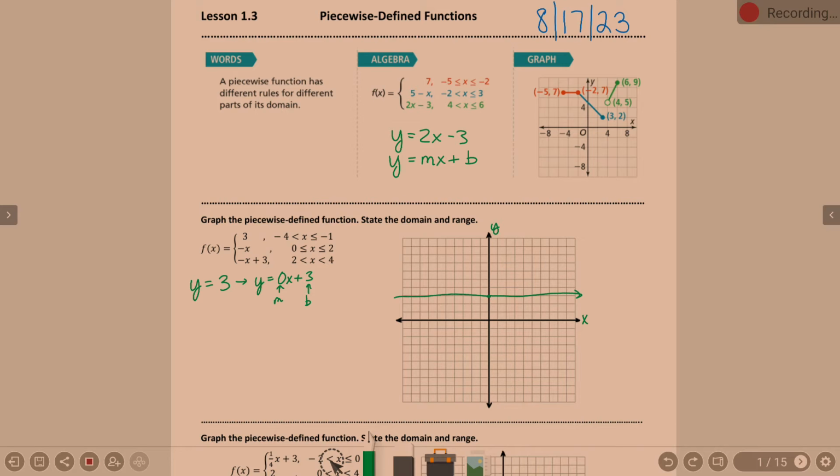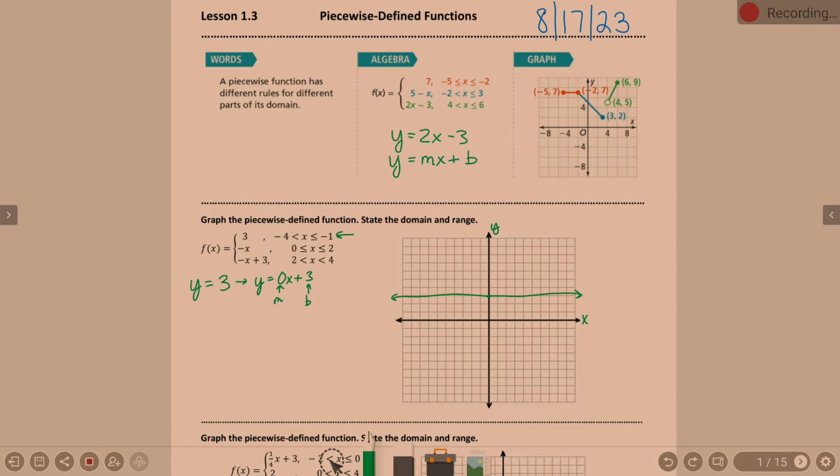horizontal line. Now, I'm going to erase part of this. So FYI, if you're copying down exactly what I do as I do it, okay? Y equals 3 is the whole line, but what's the catch here? We're only supposed to be drawing this line between -4 and -1.